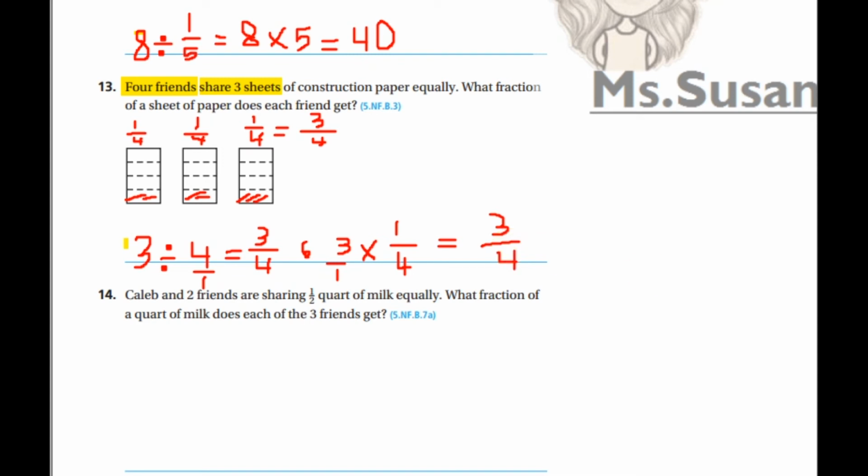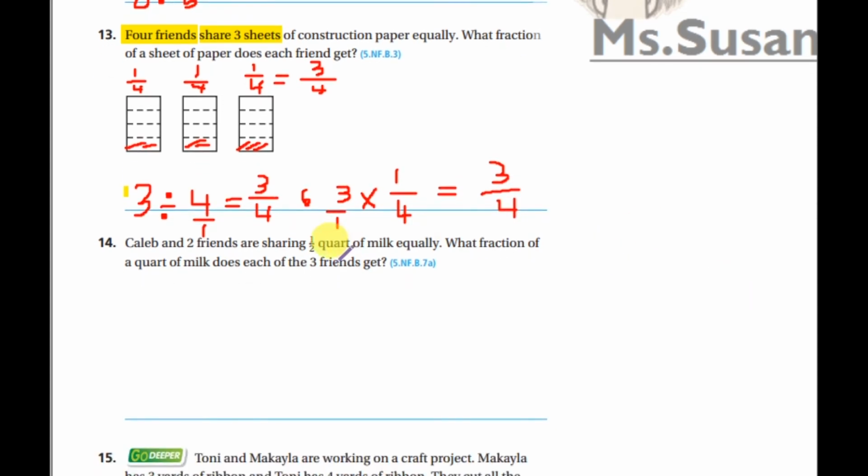Okay, Hill and two friends are sharing half a quart of milk equally. So the share here is half, and the number of friends is 2. What fraction of a quart of milk does each of the 3 friends get?